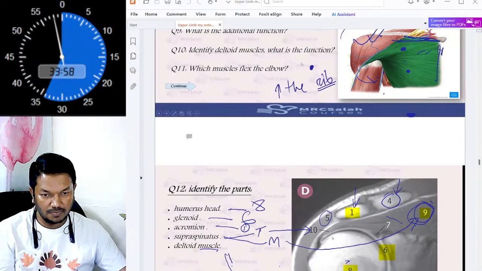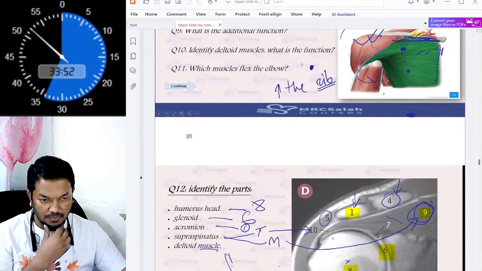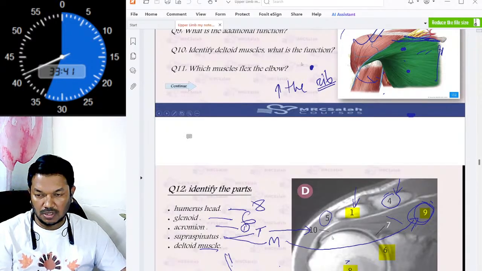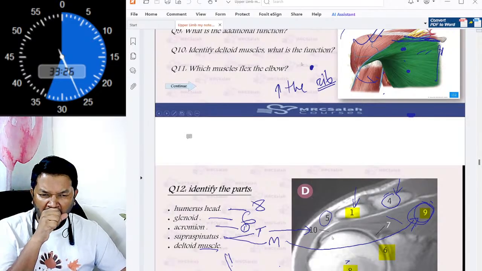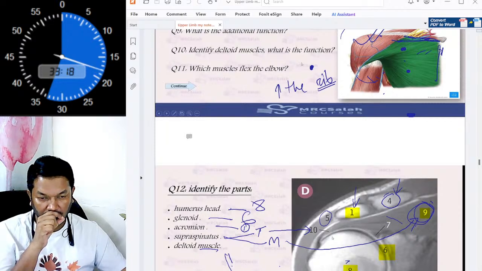Humeral head is number 8, maybe. Glenoid number 6. Number 1. Tendon is number 10. Is it number 7? Supraspinatus tendon 10 and muscle.